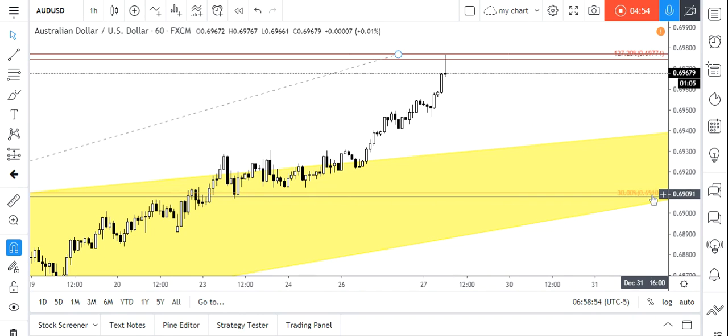69.10 is the target. Be careful today, because the market will react in a very different manner, because this is the holiday season, and generally you will see that the spreads are widened in the last 1 or 2 hours of the market.